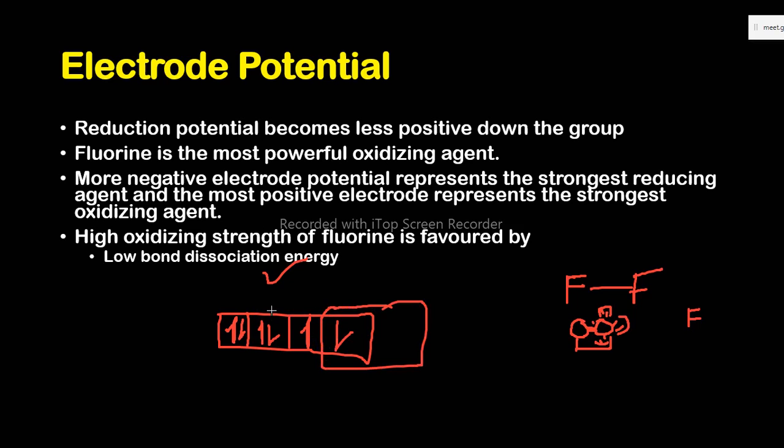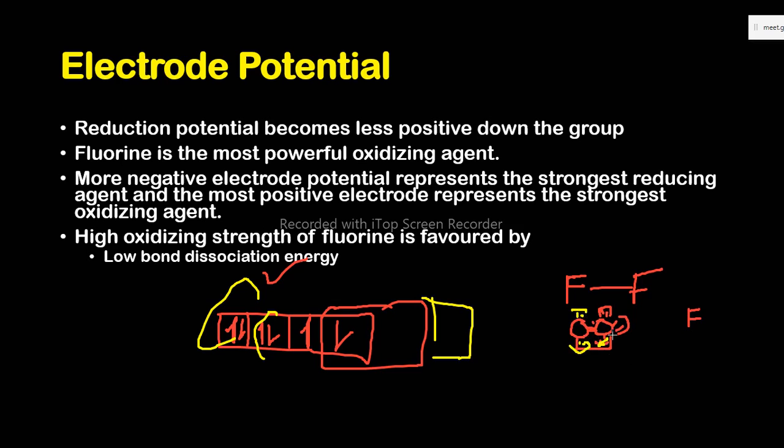So the same fluorine has 3 lone pairs of electrons. You have 2 here, 2 there, and the same on the other fluorine atom.